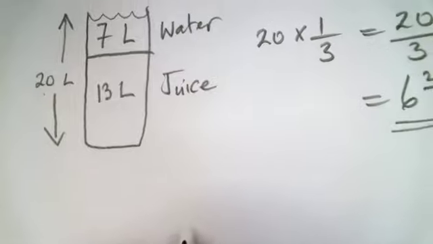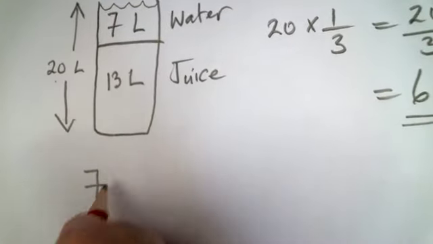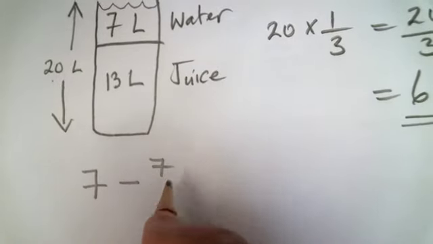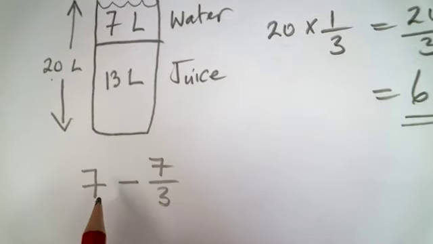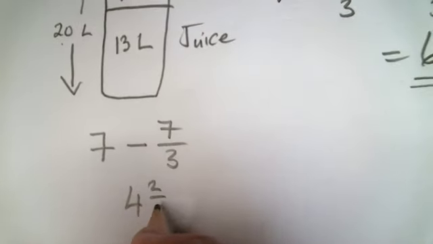So if we reduce 7 litres by 1/3, what's 1/3 of 7? 1/3 of 7 is 7 on 3. 7 divided by 3 is going to be 2 and 1/3, so the remaining is 4 and 2/3.